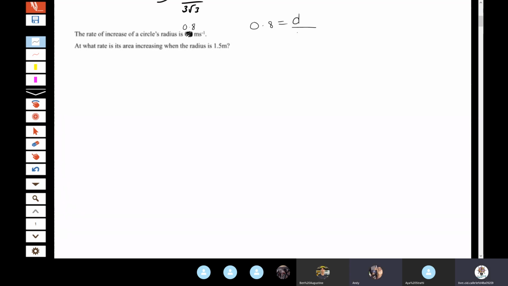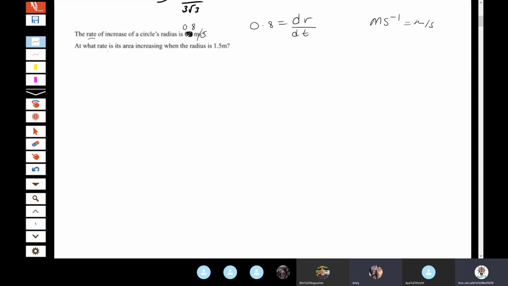Meters, radius, meters per second, so dr on dt. You know the rate of increase because meters per second means dr on dt. It's already 0.8.